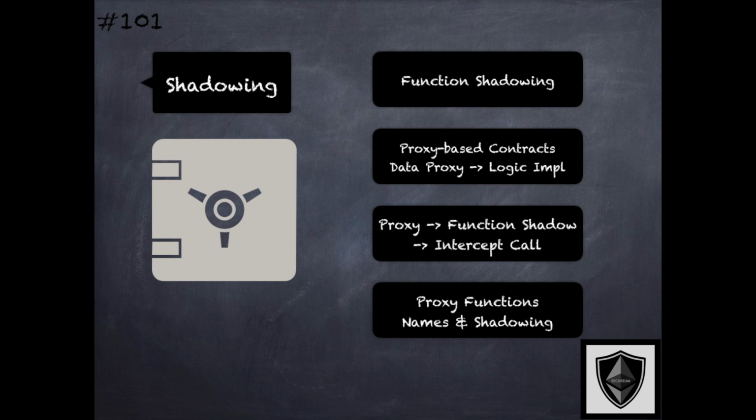So with this, we have come to the end of this module where we have discussed 101 concepts related to security pitfalls and best practices when it comes to writing smart contracts with Solidity on Ethereum. And these have covered aspects related to the Solidity language, to the underlying EVM, to different token standards and their applications, to compiler bugs, and finally the proxy-based contract setups.